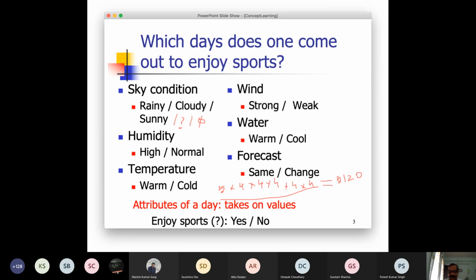Right. Now the question is that, as I mentioned, there are many redundant hypotheses because they represent the same concept. If any of the attributes' literal has 5, which means null, always the functional value would be null. So they are non-distinct. So how many distinct hypotheses are possible?